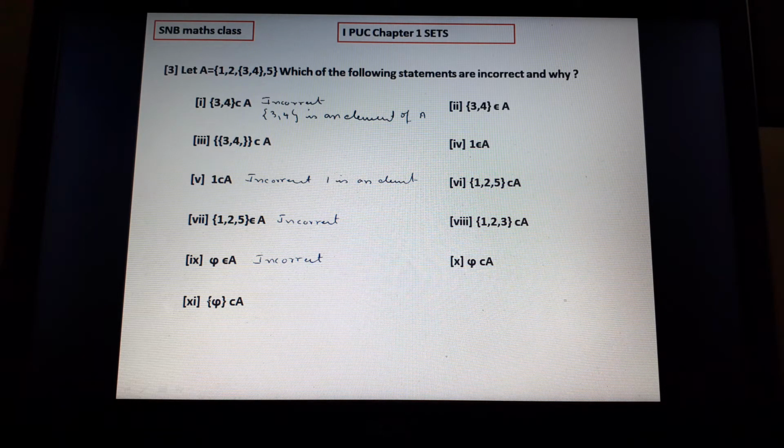And this one, the set containing pi is a subset of A. Once again it is wrong because pi is not an element of this set. So this is also incorrect. So like that you can decide the remaining questions yourself.